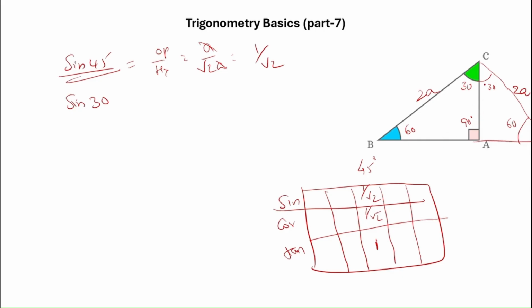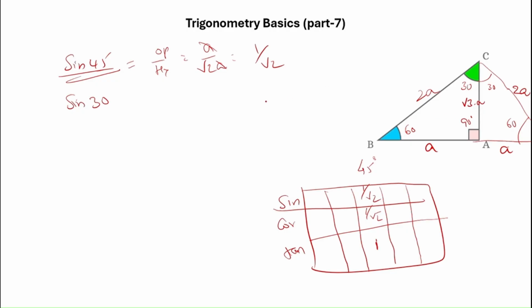If I consider this as the height, we divide the base into two equal parts of a. Obviously, you can find this value, which is root 3 times a, because it is the square root of 4a square minus a square, so it becomes root 3a.